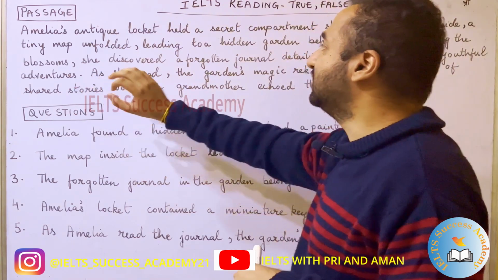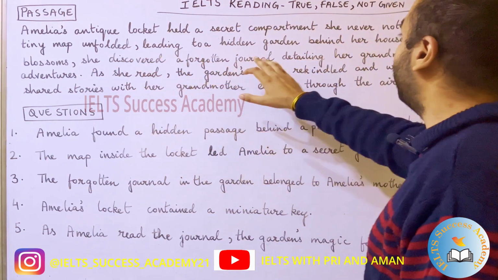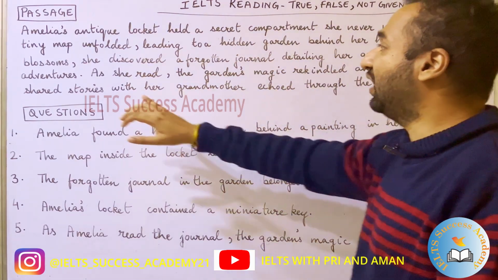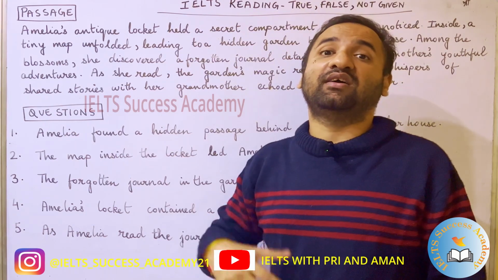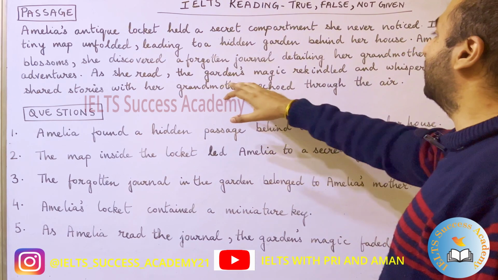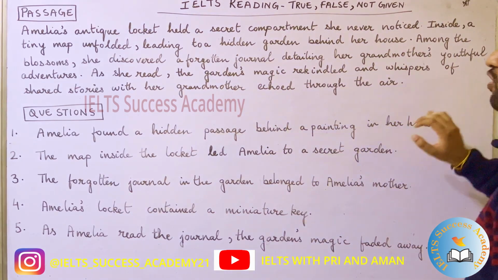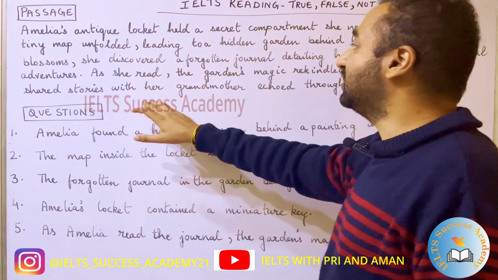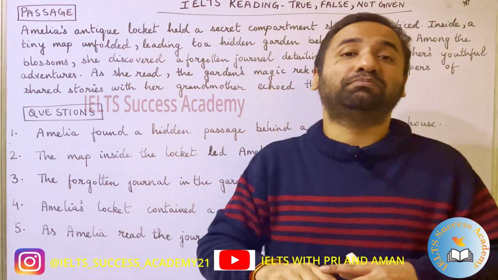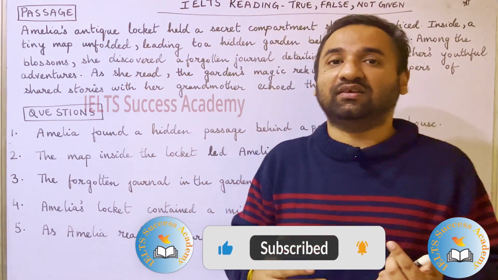Among the blossoms, which means flowers, she discovered a forgotten journal detailing her grandmother's youthful adventures. As she read, the garden magic rekindled and whispers of shared stories with her grandmother echoed in the air. Rekindled means starting again.